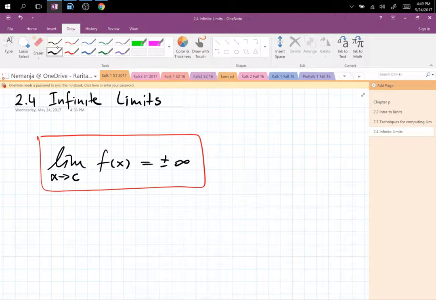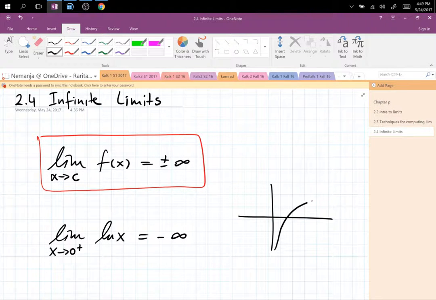A quick example of this would be, say, limit of ln x as x approaches 0 from the right, and you know that's negative infinity, because when you look at the graph of ln x, you see that the approach from the right gives you, as you go closer to 0, negative infinity as the answer.